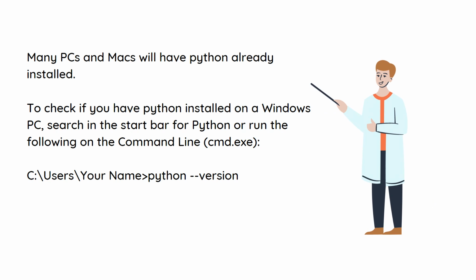So how to install? First of all we have to check whether Python is installed inside your system or not. If Python is not installed, then we go to the website python.org. On that website we have to download the Python software on the basis of system requirements.